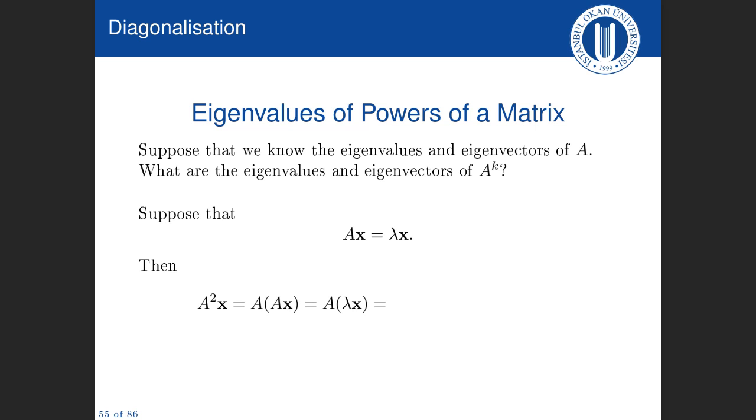But then A squared x is A multiplied by Ax, or A multiplied by lambda x. Lambda is a number. We can just take lambda outside to get lambda multiplied by Ax, or lambda x, or lambda squared x.